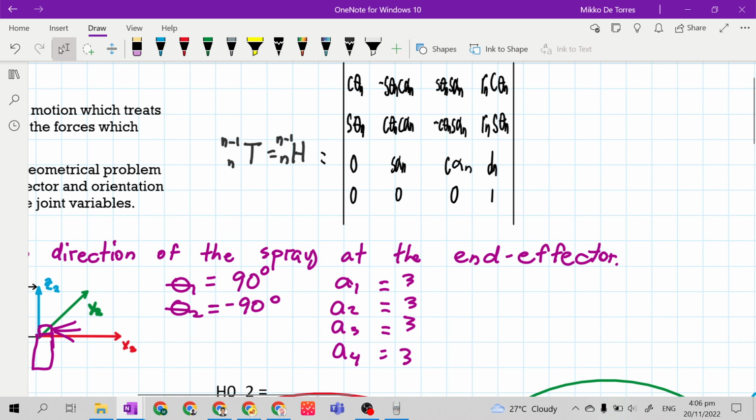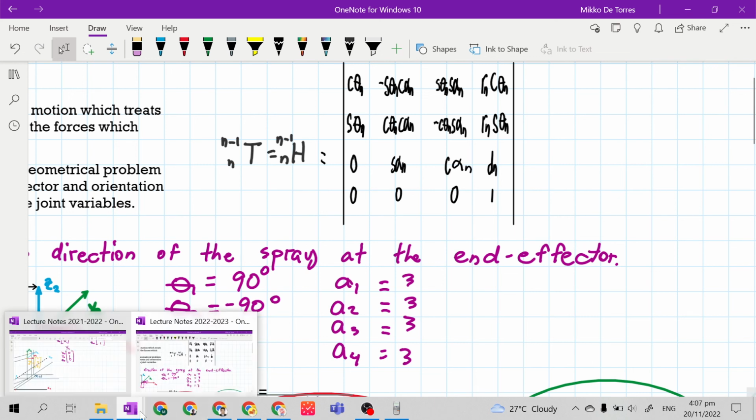So I will further explain this in Robotics 2, where we will use both MATLAB and Python to explain the detailed coding of this general formula of our homogeneous transformation matrix.